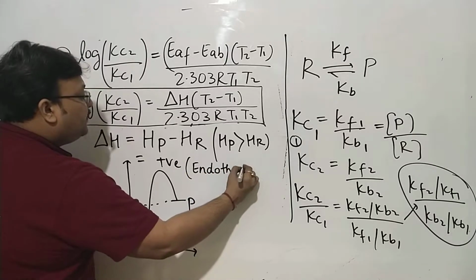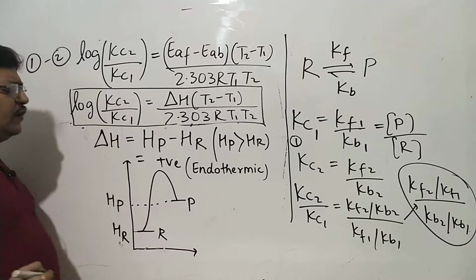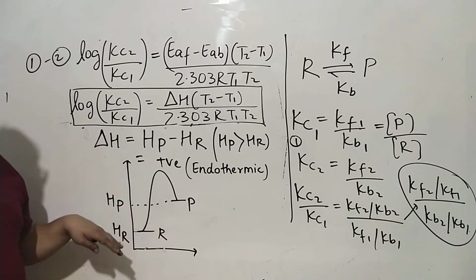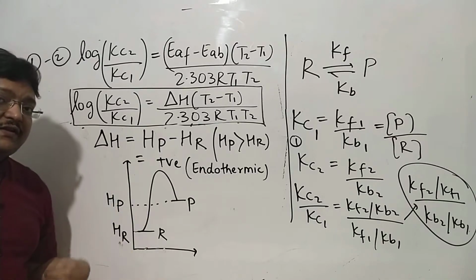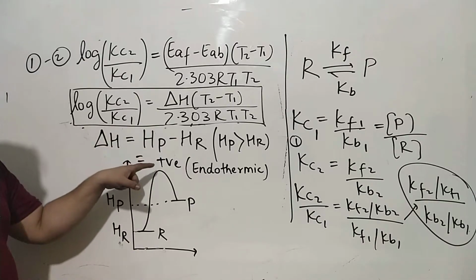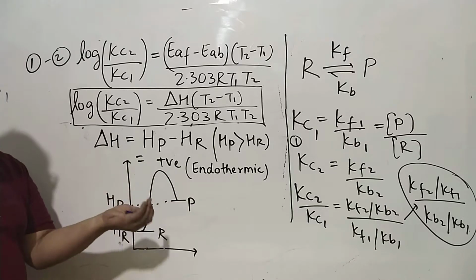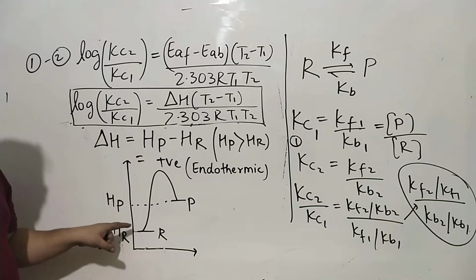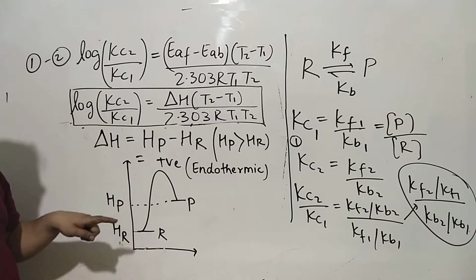How do you know it's an endothermic reaction? When the product has higher energy content, certainly it would have absorbed energy. So HP more than HR, delta H positive, heat supplied, heat absorbed is an endothermic behavior. So this is the energy profile of an endothermic reaction.